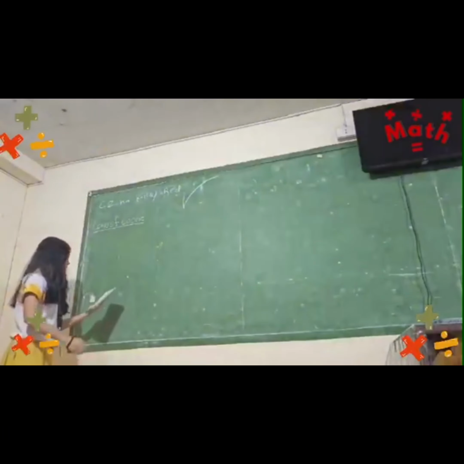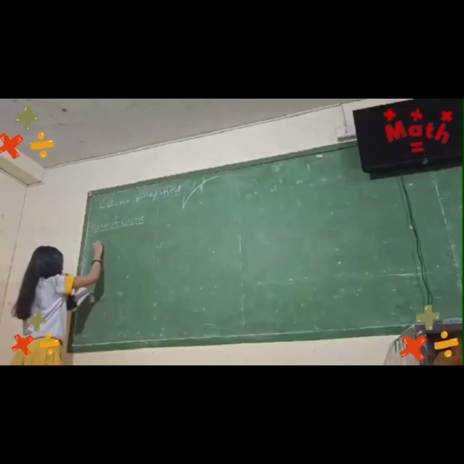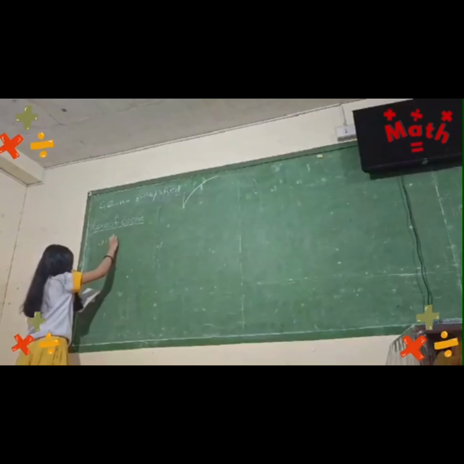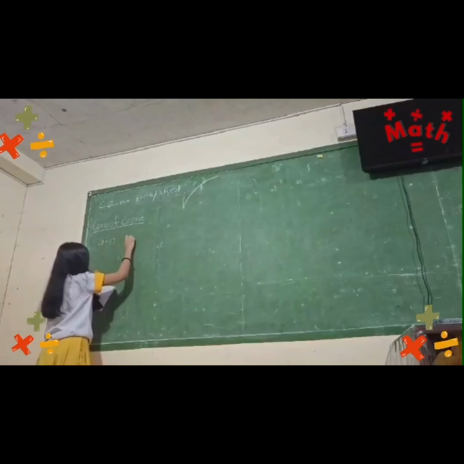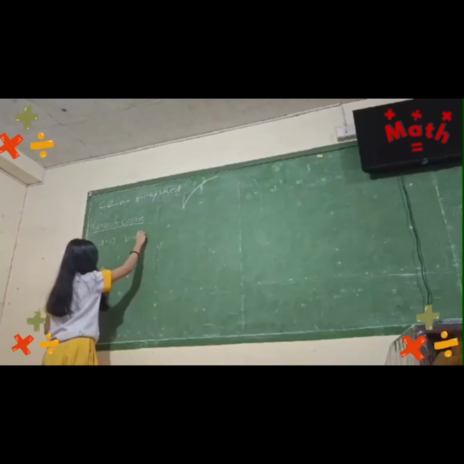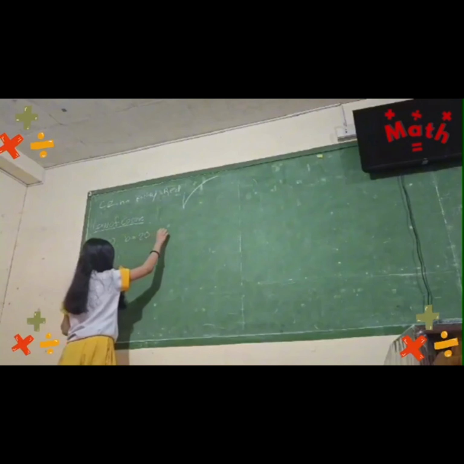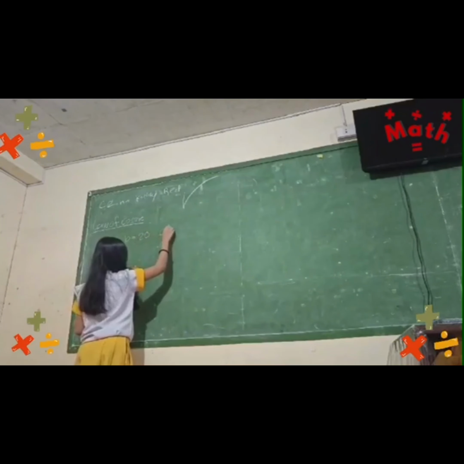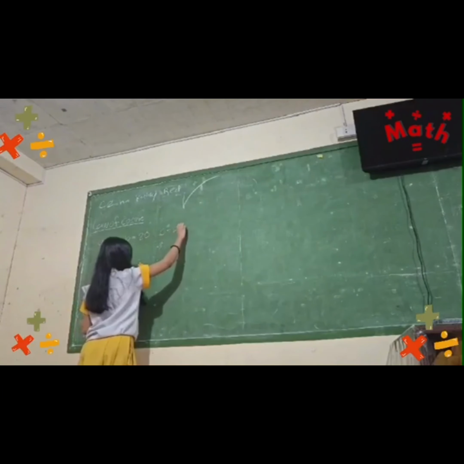So, let's say side A is 10, side B is 20, and angle C is 60 degrees.